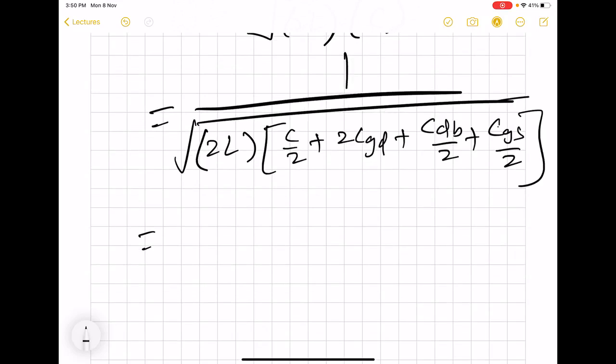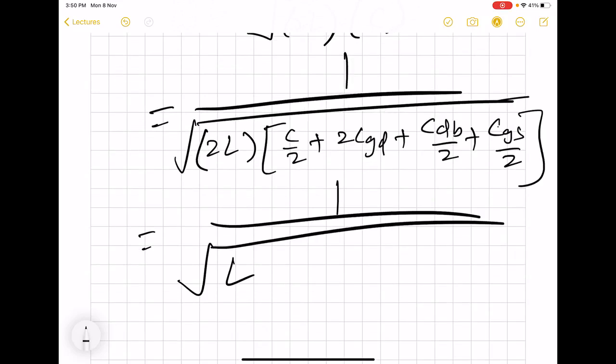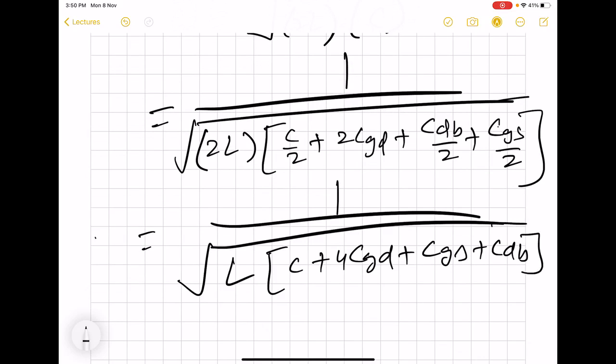So this becomes equal to 1 by square root of L into C plus 4 CGD plus CGS plus CDB. So here we see that we are able to include the effect of parasitic capacitors very easily. There is not much effort involved in including all the 4 parasitic capacitors.